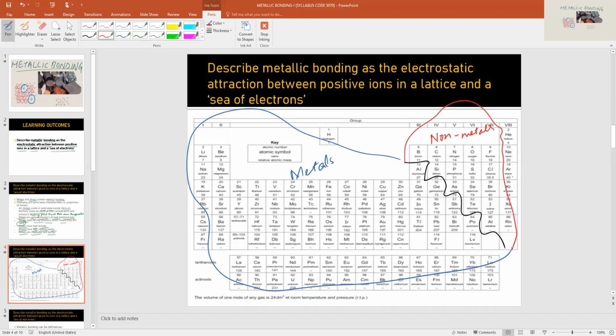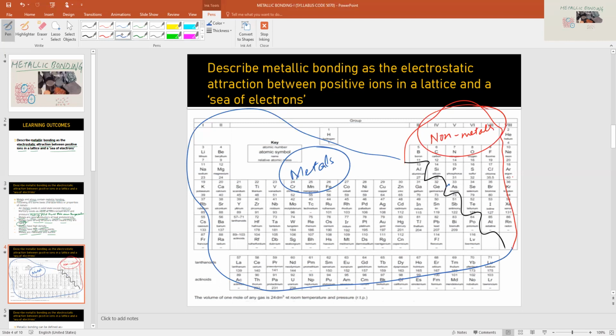Below the staircase line, we have metals only, and above the staircase line, we have non-metals.